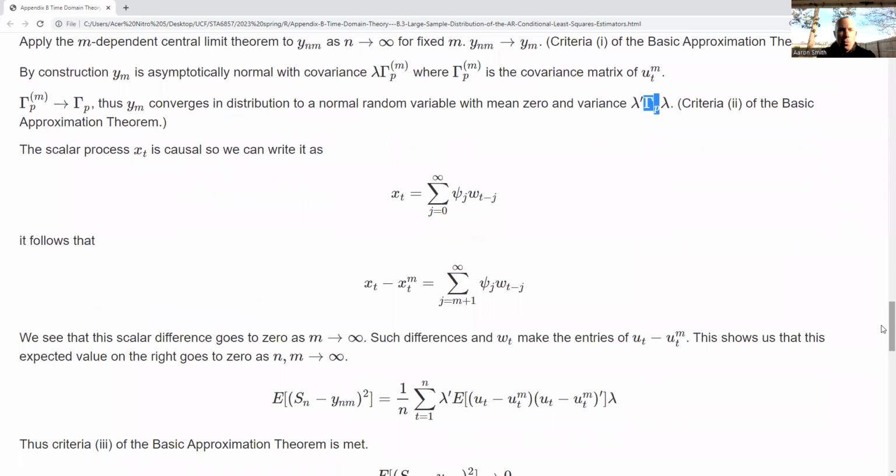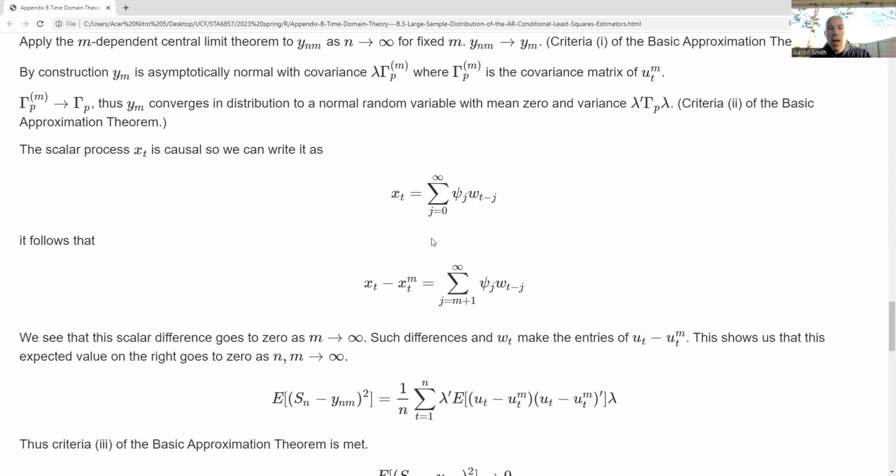All right, so x sub t is a causal process by assumption. And so that means that I can write my time series values as an infinite sum on the white noise terms. Okay.